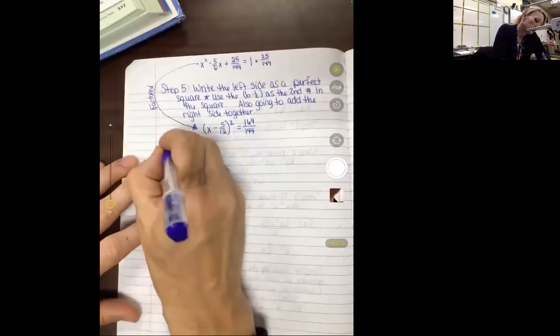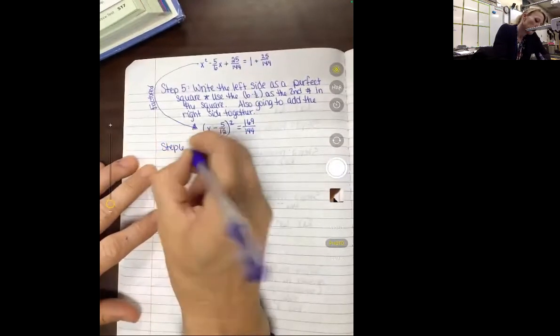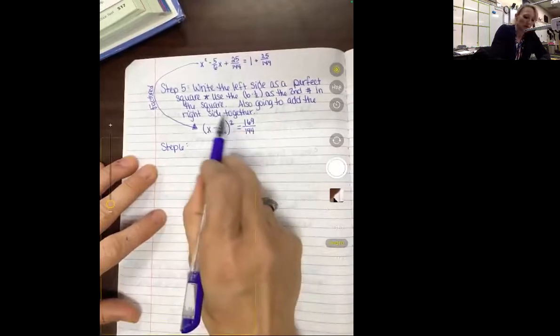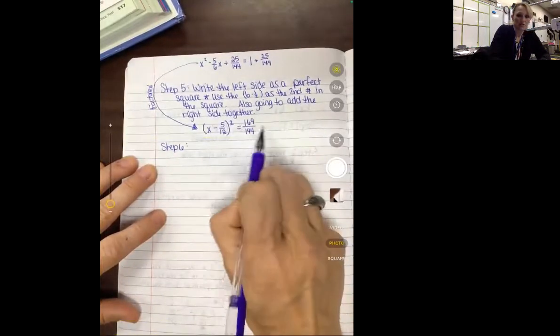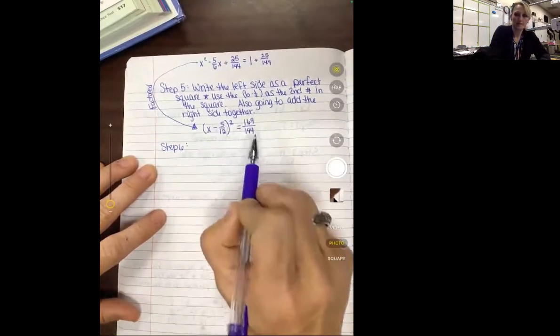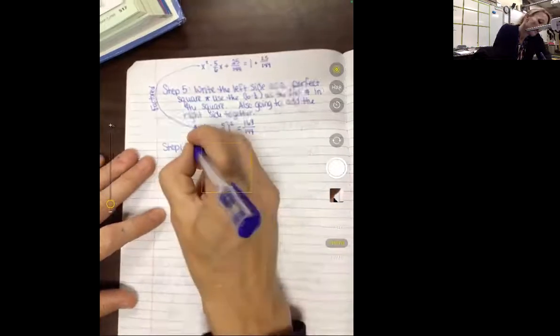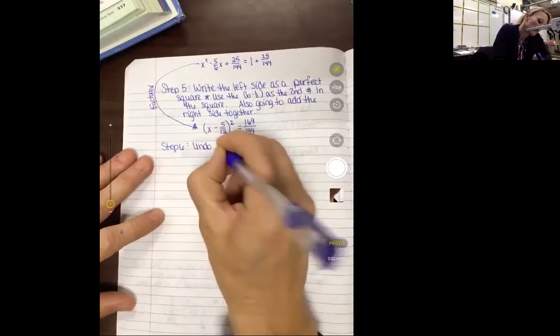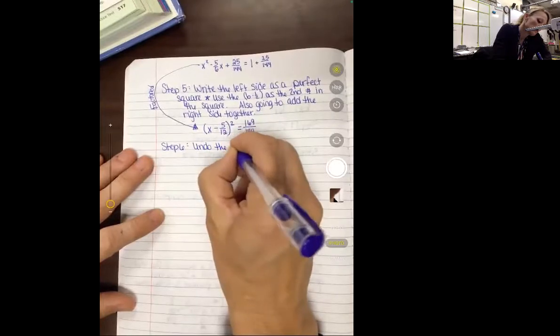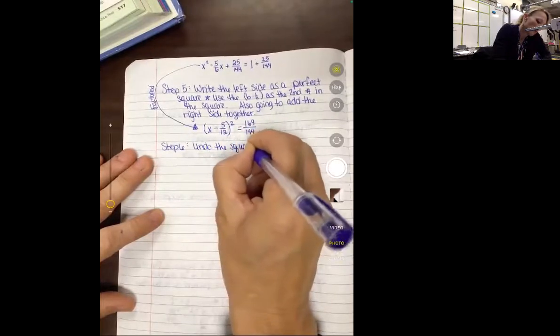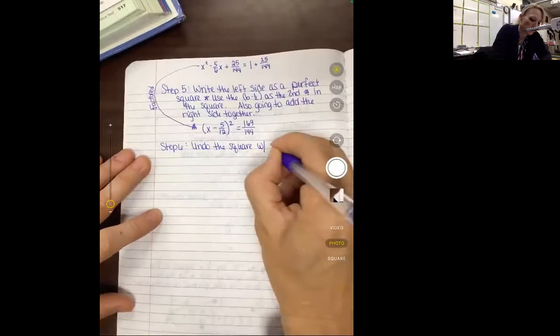Okay, so step 6. By the way, did you notice this is a square? Everything in here is a perfect square. Very nice. How do we undo squares? We undo the squares with square roots.